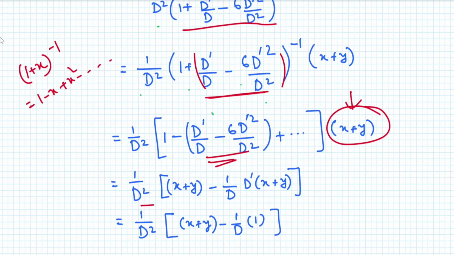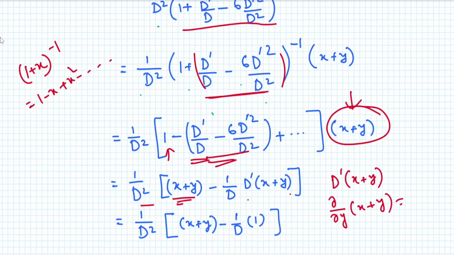So 1/D² into operate on the first 1, which is identity, so this gives x + y. Then it operates on the next term: 1 minus 1/D into D' of x + y. D' of x + y means ∂/∂y of x + y, and this gives simply 1.